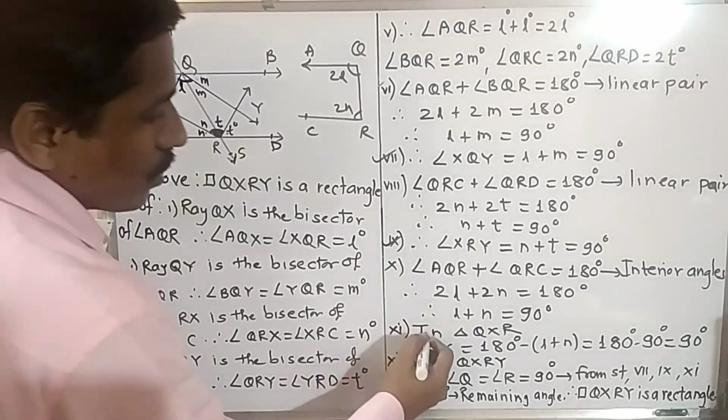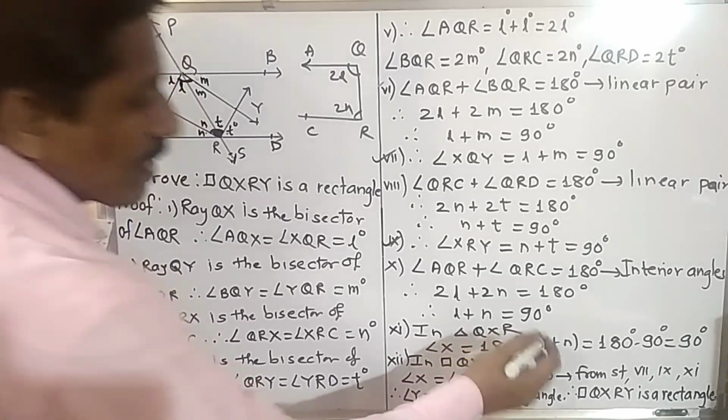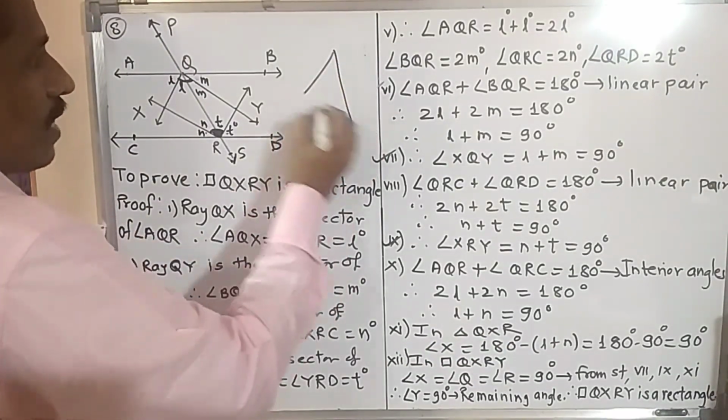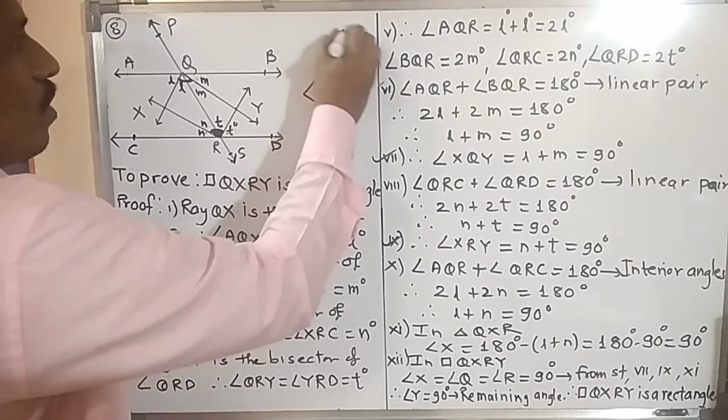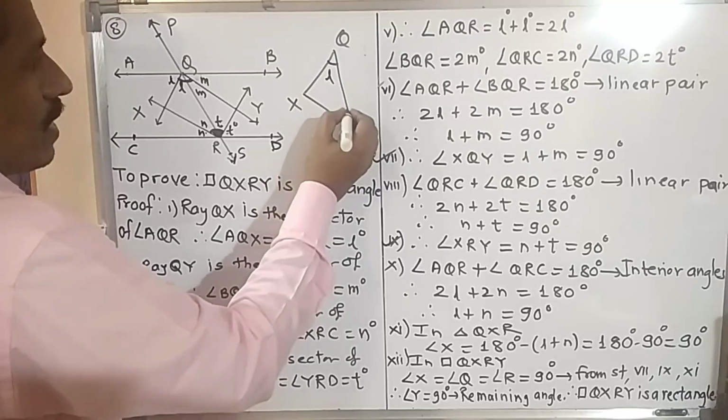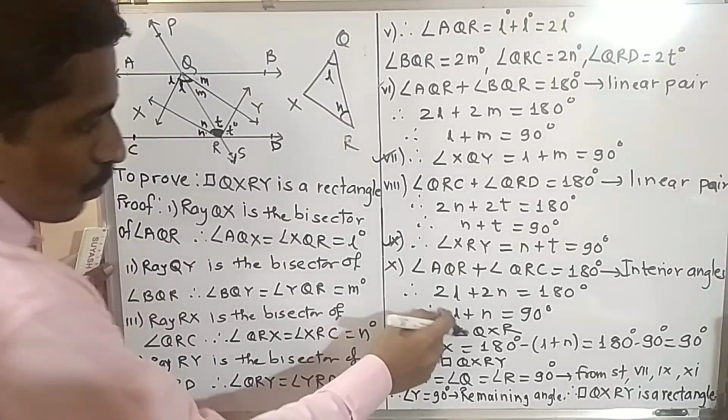Understood? Now I will consider triangle QXR. This one is L. This one is N. And what did I prove?